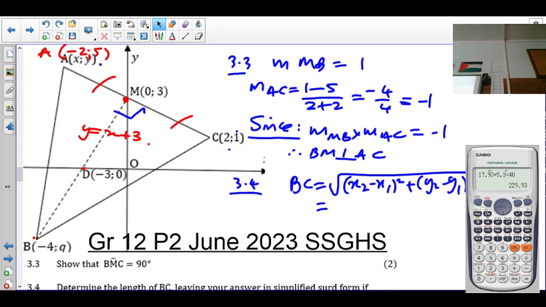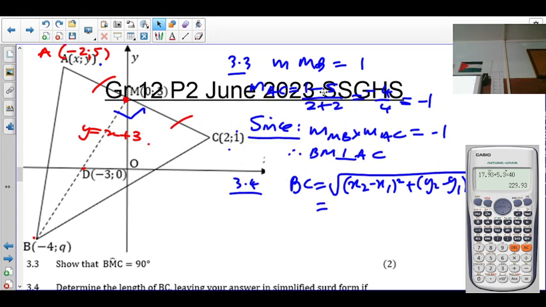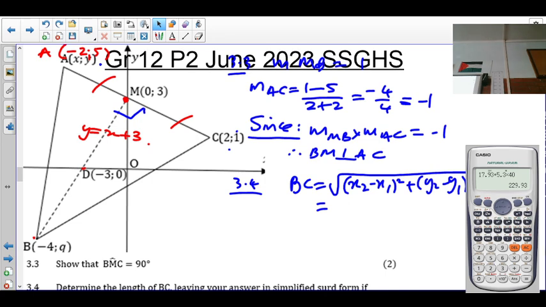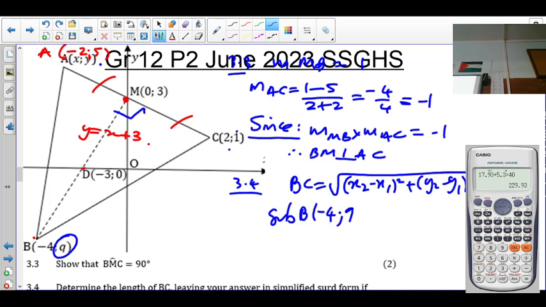For BC, I actually need the coordinates of B, so we need that q value. What we're going to do is substitute B, which is negative 4 in q, into y equals x plus 3, the equation of line BC.